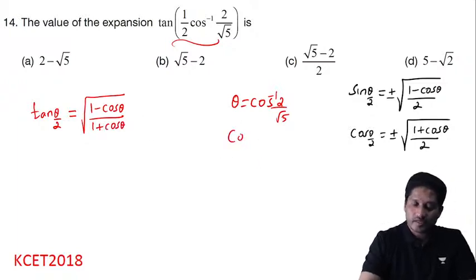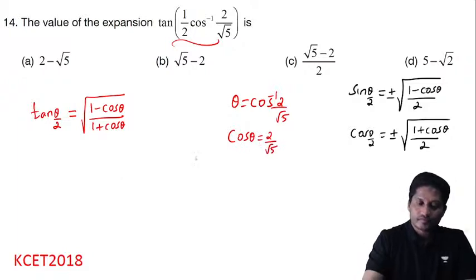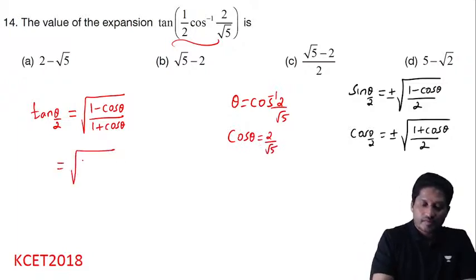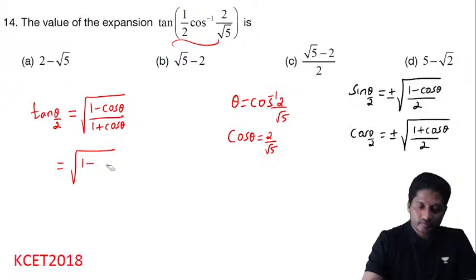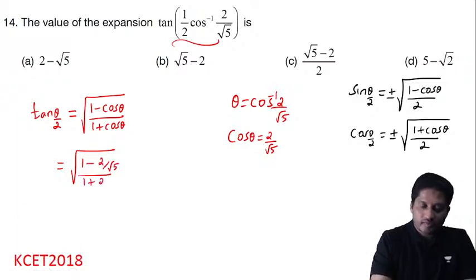From this I can write cos theta is equal to 2 by root 5. Root of 1 minus 2 by root 5 divided by 1 plus 2 by root 5. Take LCM root 5, it will get cancelled. You will get root 5 minus 2 upon root 5 plus 2.